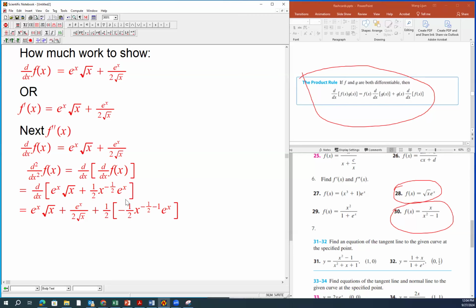You can pause to do your own and then come back to compare notes with me. So we differentiate that part, that's the f. It doesn't matter. g, so I leave this one out, right? And plus, now I'm not differentiating x to the power of negative half. I'm differentiating e to the power x. The derivative of e to the power x is e to the power x. Boom.